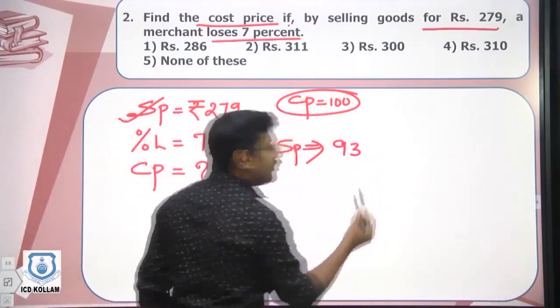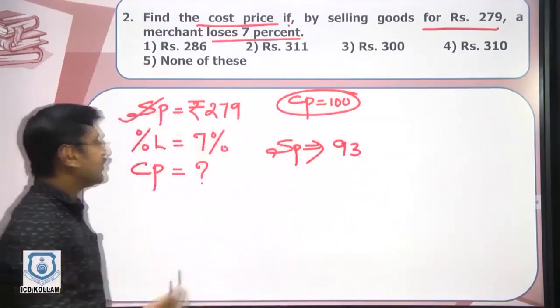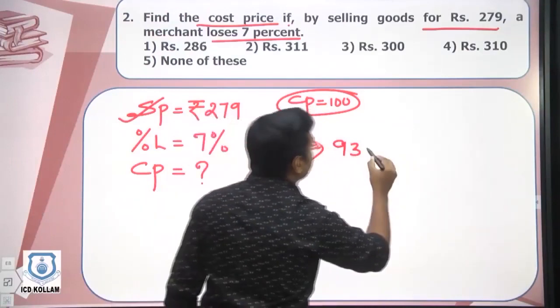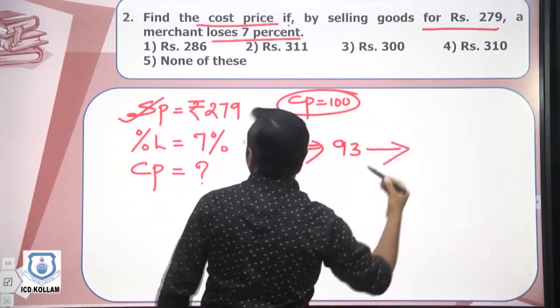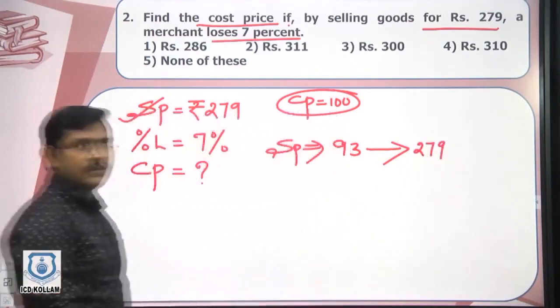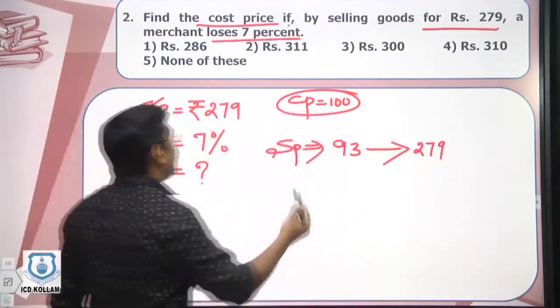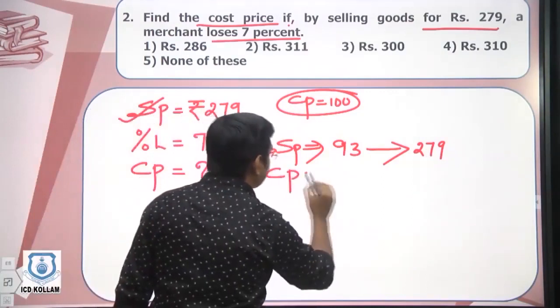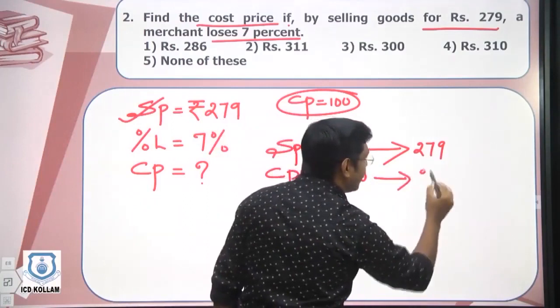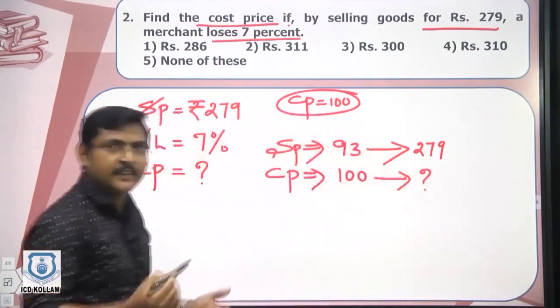The reason is we need to subtract that 7 from 100. So 93. Corresponding to our 93, in the question the value is clearly given as 279. Right? After that, we need to find the cost price. Our cost price is always 100. Then corresponding to 100, the value for the given question is, I am applying the chain technique.